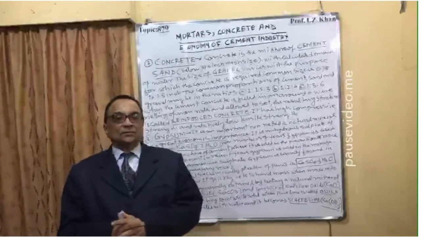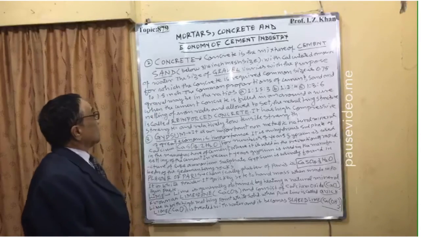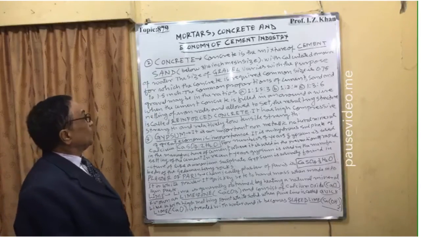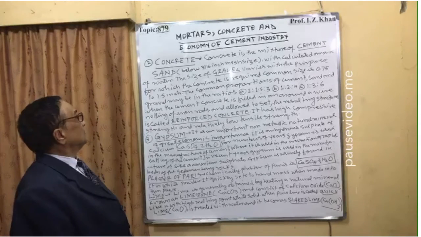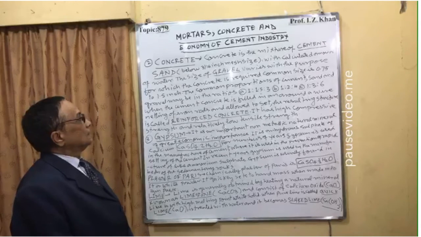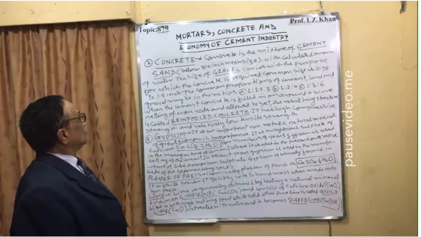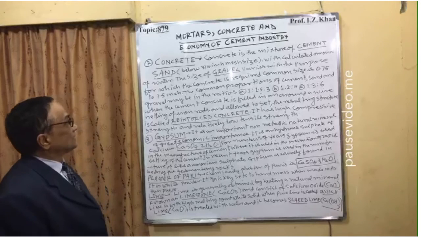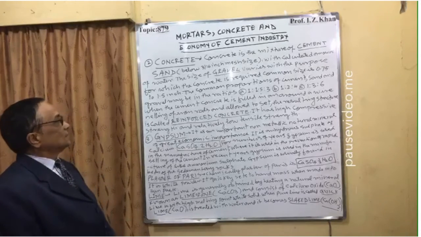So these terms are very common in the cement industry. Number two is concrete. Concrete is the mixture of cement, sand below 3/16 inch mesh size, gravel and a calculated amount of water, and the size of the gravel varies with the purpose for which the concrete is required.